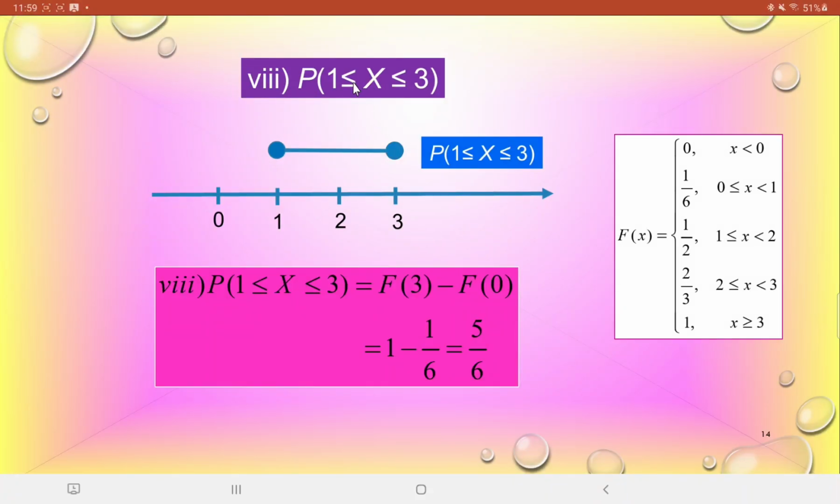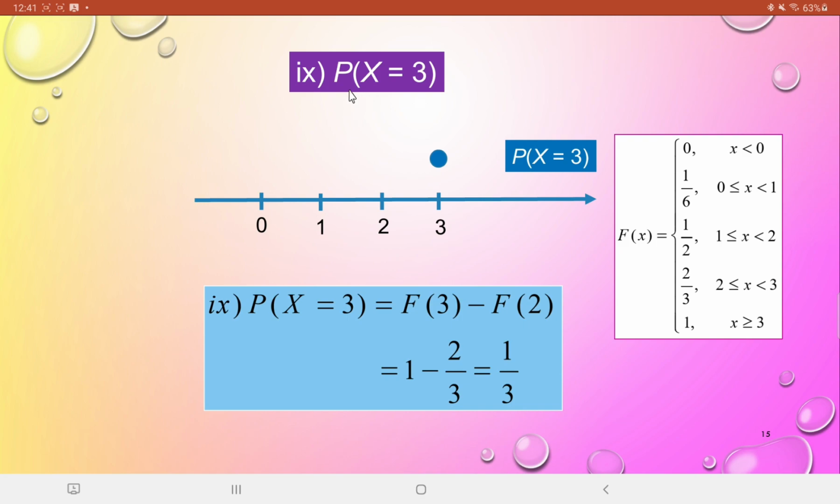Probability x more than or equal to 1 and less than or equal to 3 is F(3) minus F(0). F(3) is 1, F(0) is 1 over 6. So, 1 minus 1 over 6. So, the probability x more than or equal to 1 and less than or equal to 3 is 5 over 6.